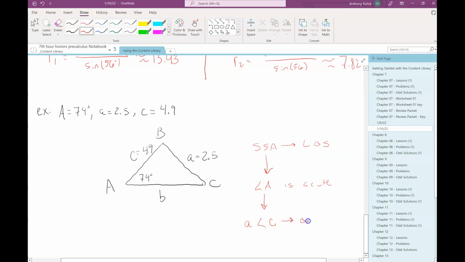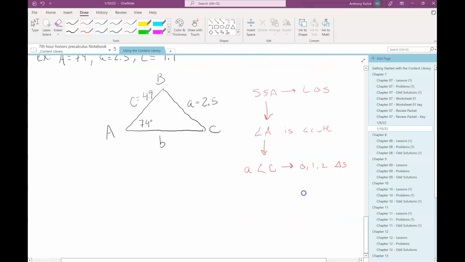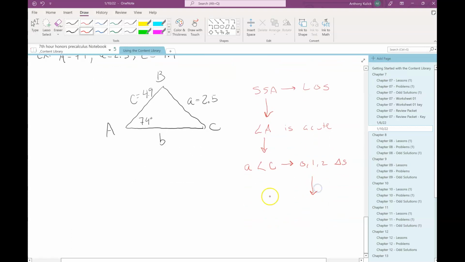And again, this was the nightmare scenario where it could be 0, 1, or 2. So we have to do further analysis to check on which one of those scenarios we're in.